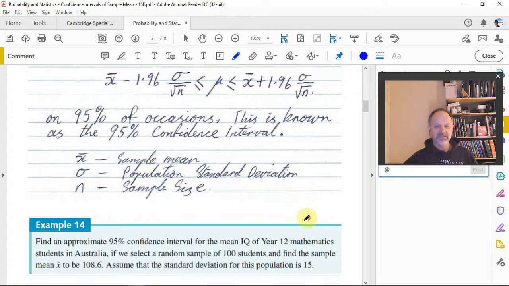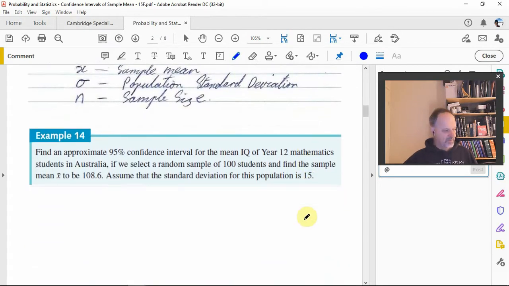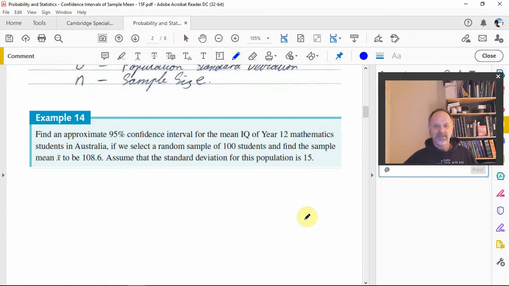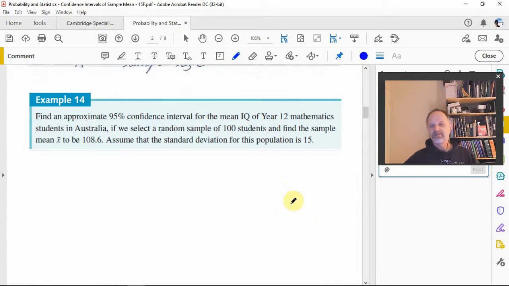All right, so here's an example from your textbook. Find an approximate 95% confidence interval for the mean IQ of Year 12 mathematics students. If we select a random sample of 100 students and find the sample mean to be 108.6 and assume the standard deviation for this population is 15.